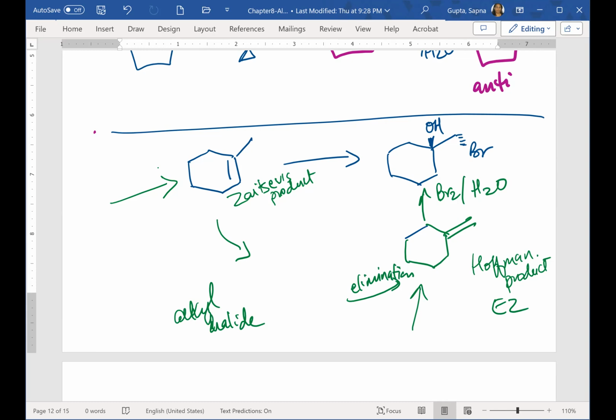So the alkyl halide, now we can just write the product and see if it works, okay? So this is an alkene. I can add HBr to this alkene, and I will get Markovnikov addition. I don't want to add Br2. Br2 will give me 2 halides, and I don't want 2 halides. I just want 1 halide.